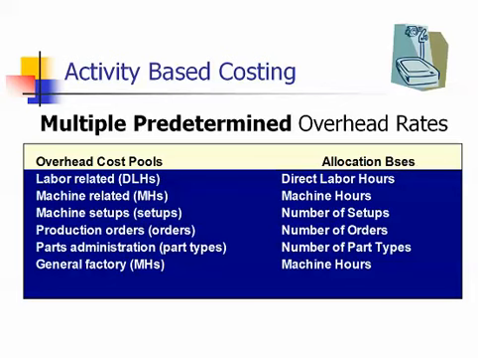In this particular illustration, we can see that we've sliced our cost pool into 6 different slices: labor-related cost, machine-related cost, machine-related setup cost, production orders, parts administration cost, and then sort of a catch-all of general factory overhead for all of our other types of costs.